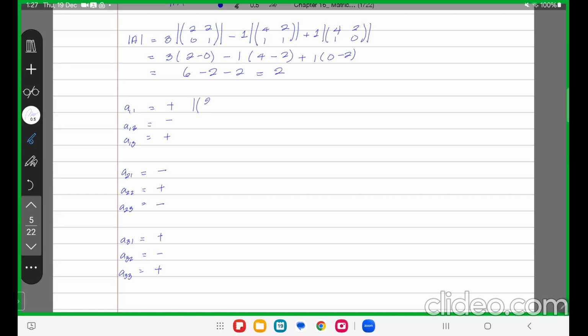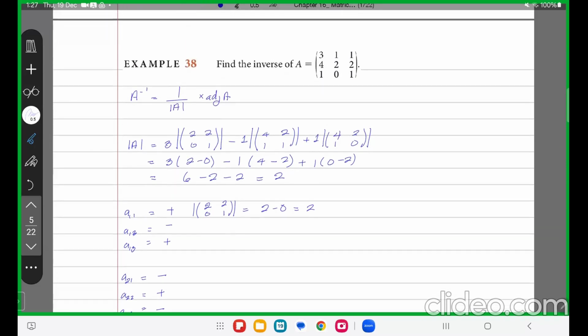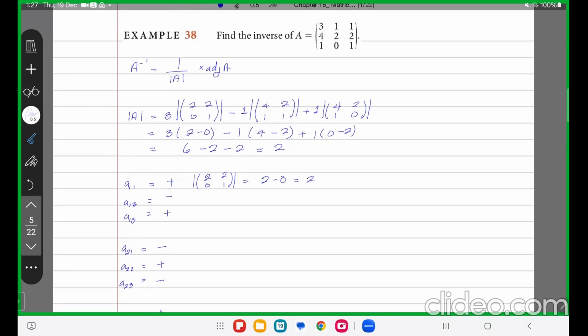This is 2, 2, 0, 1. This is 2 minus 0, which is 2. Minus, sorry, already there. 4, 1, 2, 1.